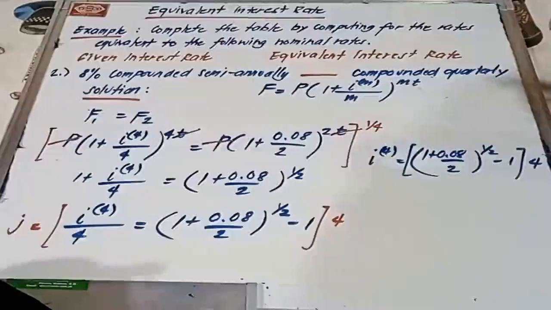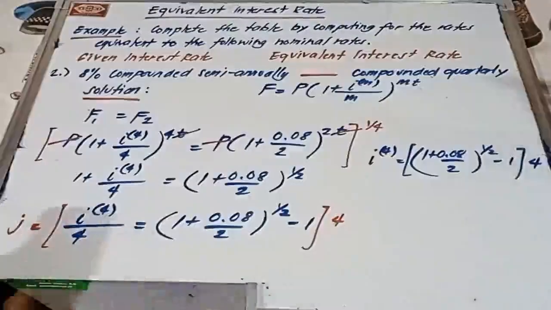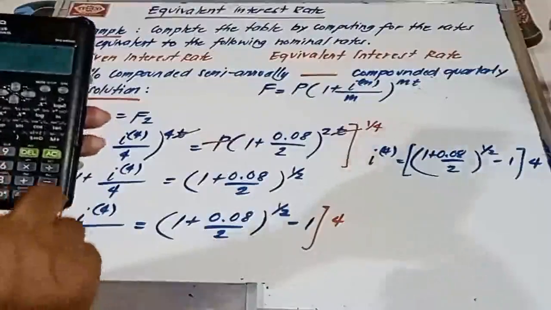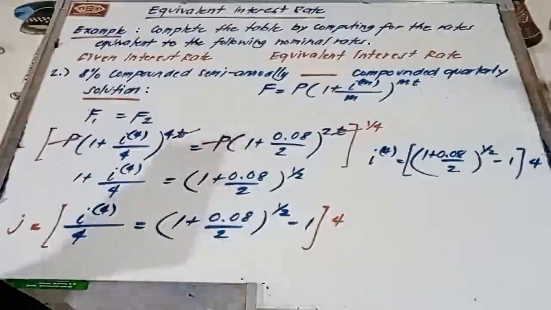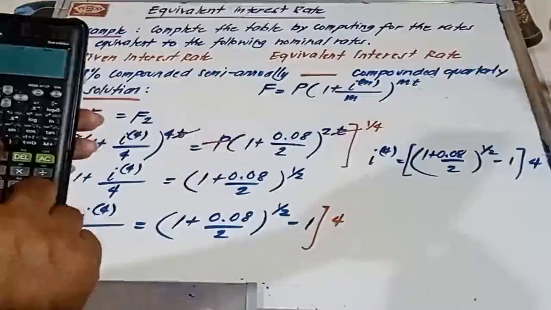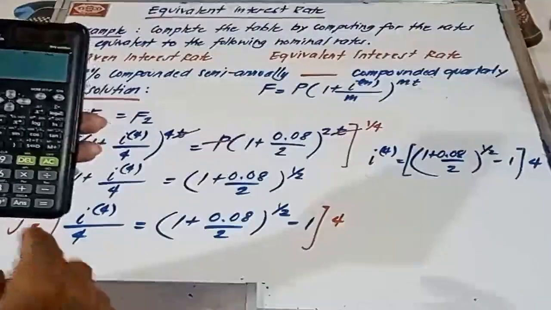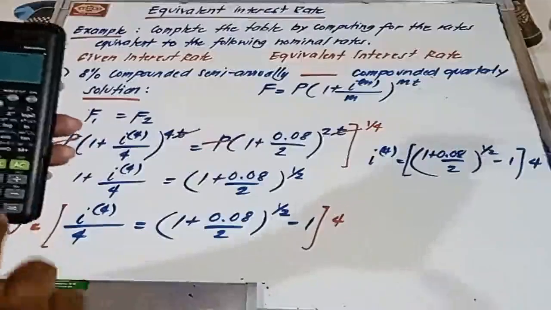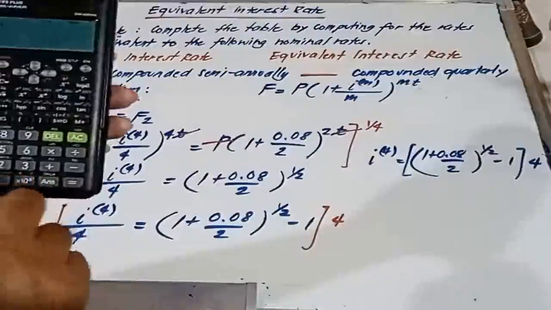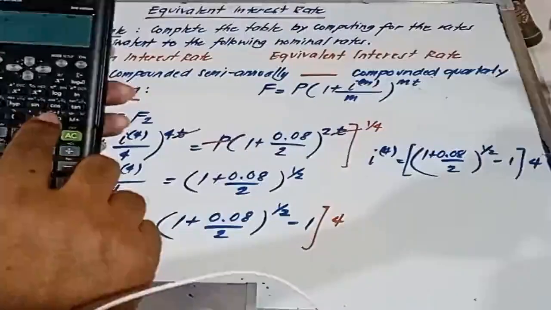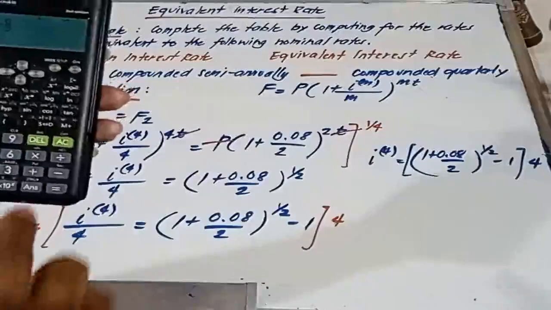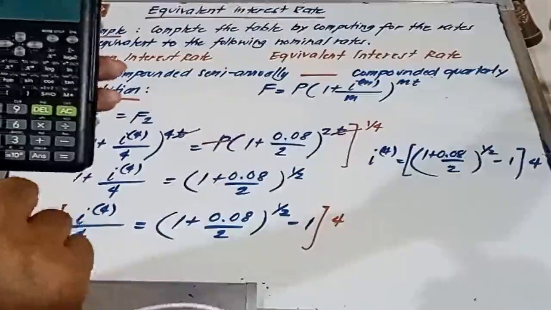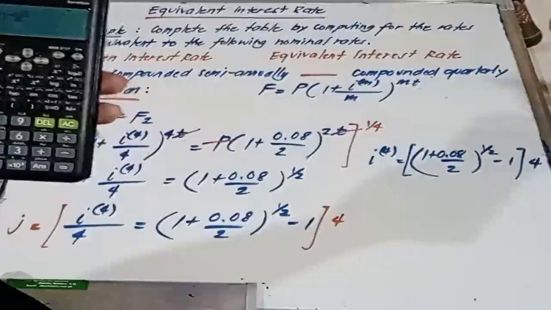Okay? Now, using our scientific calculator, the equivalent interest rate will be: parenthesis muna. Okay? Parenthesis and then another parenthesis, 1. Okay? 1 plus the fraction, 0.08 on top, 2.